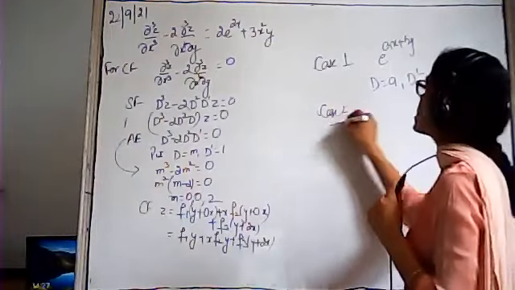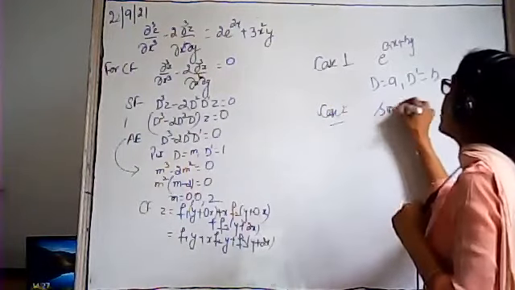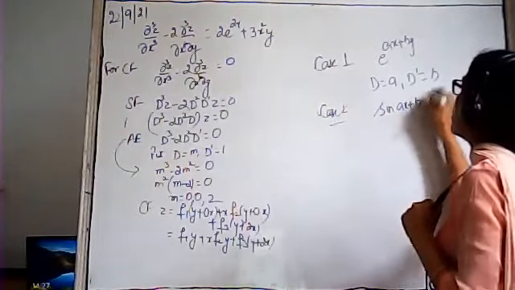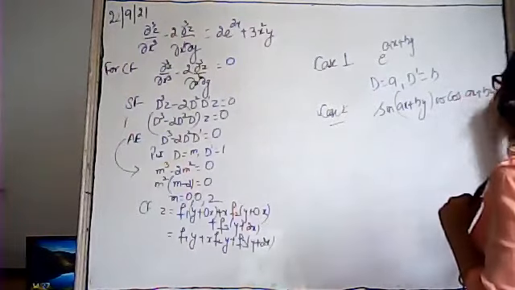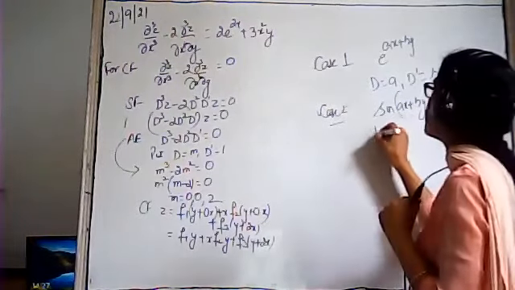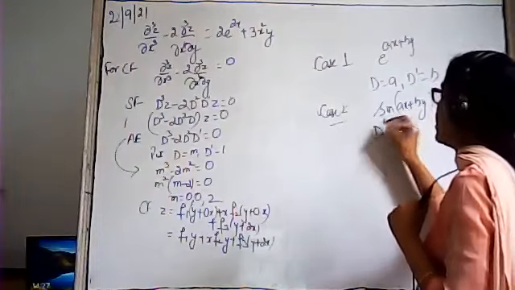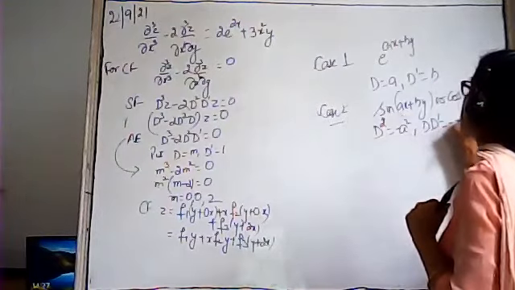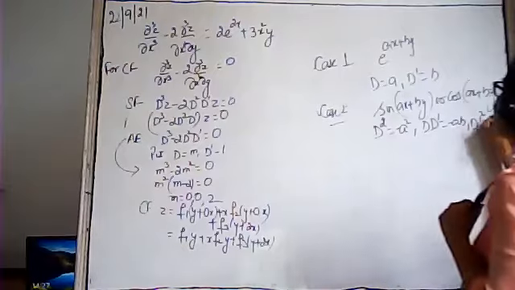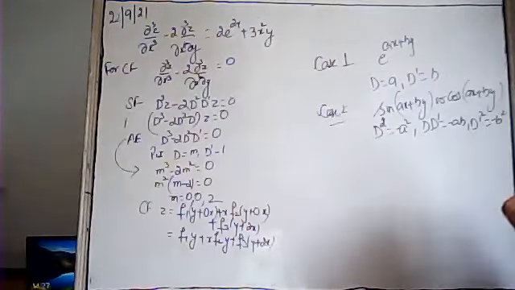Case number 2 was if we have sin(ax+by) or cos(ax+by). In that case we are to substitute D² = −a², DD' = −ab and D'² = −b².